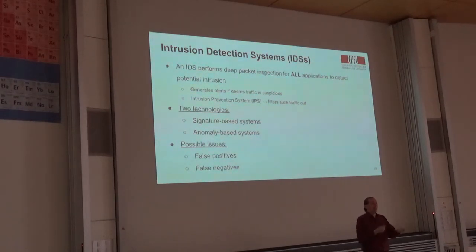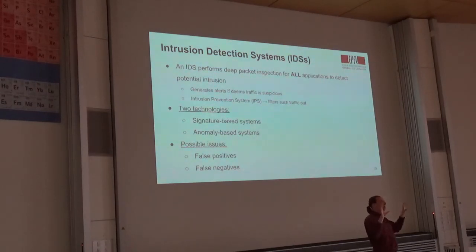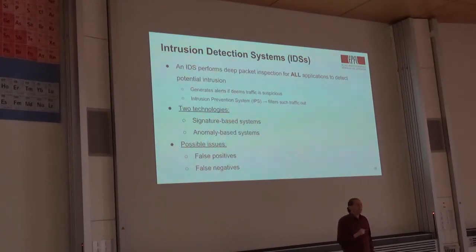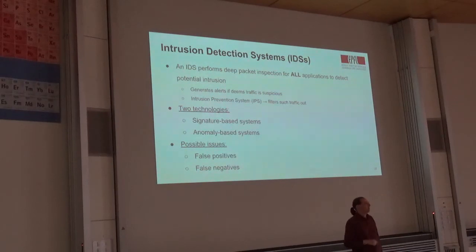Like, do I detect some new flow of packets that looks a lot different from anything I've seen before? Create an alert, tell the administrator there's something new going on. It might or might not be anything to worry about, but then maybe the administrators go and explore. Let's see, which machine is sending that traffic? Is it because the user is running something new that's perfectly legit, but they hadn't run before, or is it perhaps a sign of compromise?